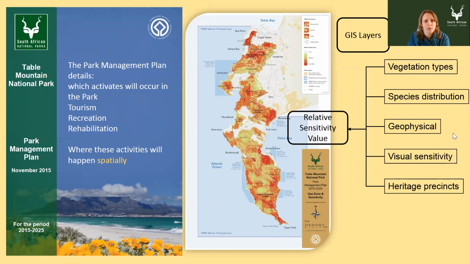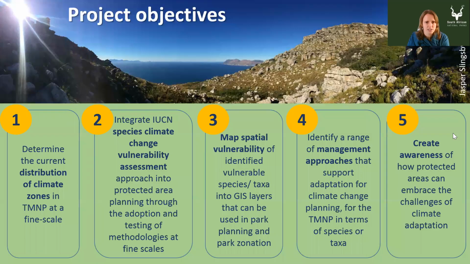But up to now, we have not considered the impact of climate change on sensitivity of particular areas. So the question was, how can we possibly include climate change when we think about sensitivity of particular areas in the national park? So that was the major objective of this project, which we split into a number of sub-objectives. We wanted to really understand the physical climate of the national park. We wanted to understand the vulnerability of species that occur in the national park.